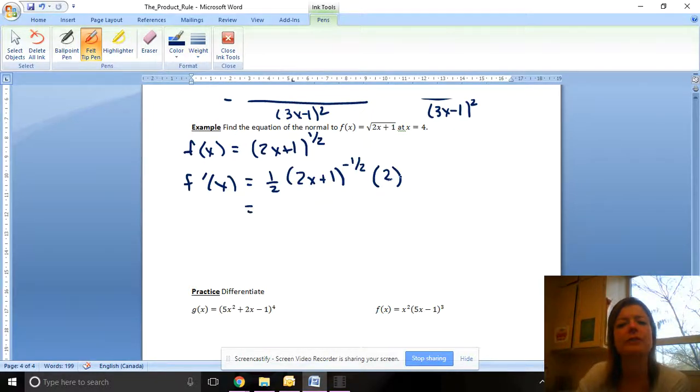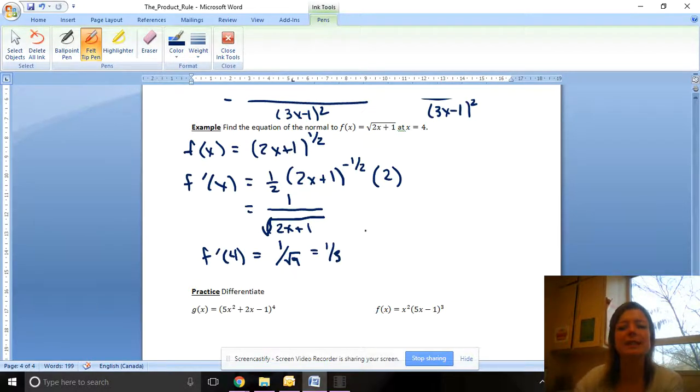The 1/2 times the 2 is 1, and the negative 1/2 is 1 over the square root of 2x plus 1. So f prime at 4: we put in 4 here, 2 times 4 is 8, 8 plus 1. So we get 1 over root 9, which is 1/3.